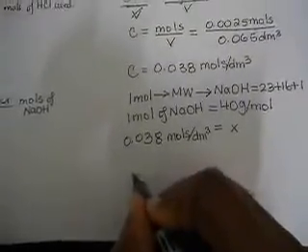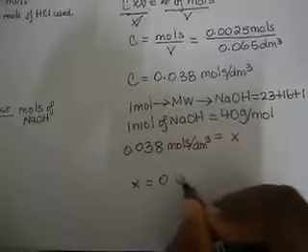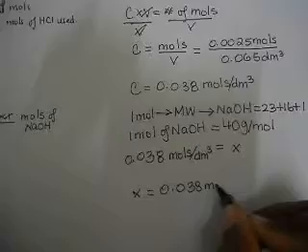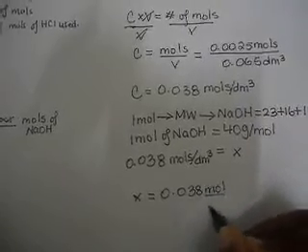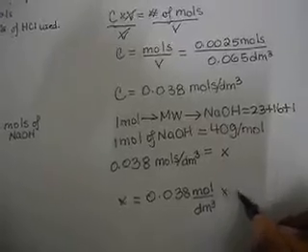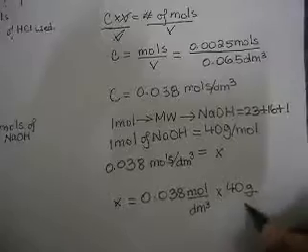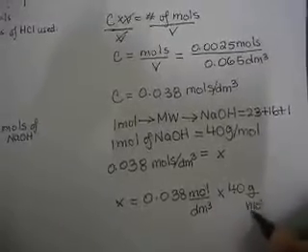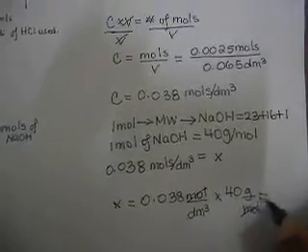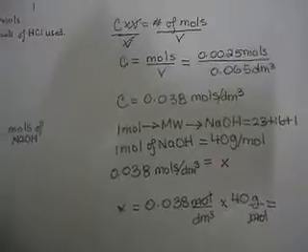So then therefore X will be equal to 0.038 moles per dm cube times 40 grams per mole, and we now have mass concentration.